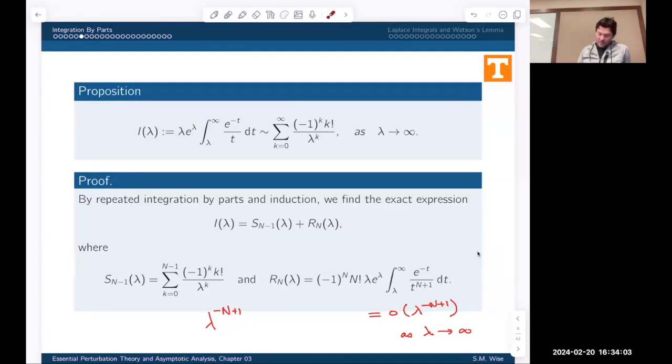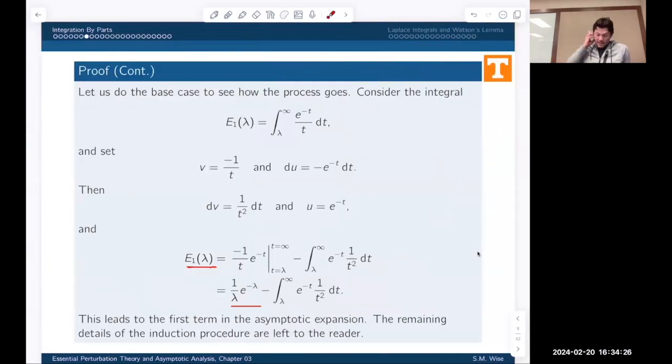It's going to be 1 over lambda to the n minus 1, which is lambda to the minus n plus 1. So I have to show that the error term, or the remainder term, is little o of lambda to the minus n plus 1. That's just using the definition of asymptotic convergence. Okay, that's what I did.